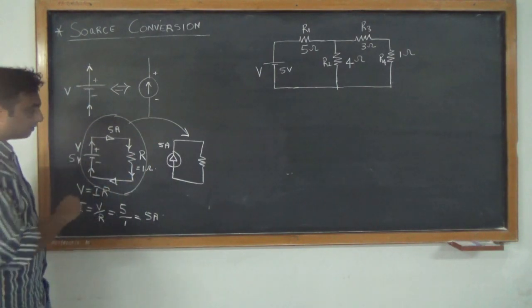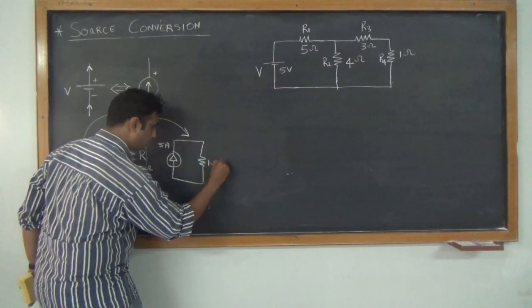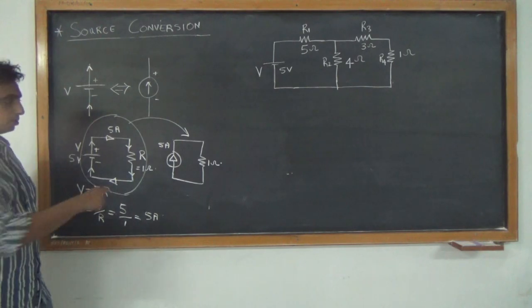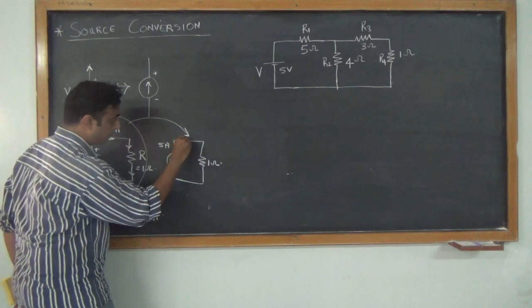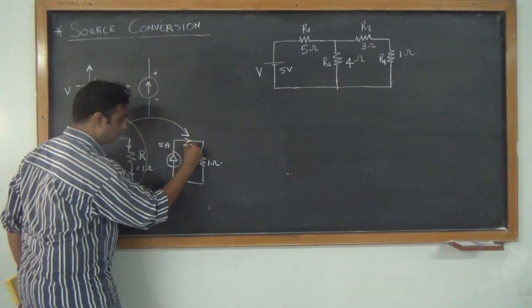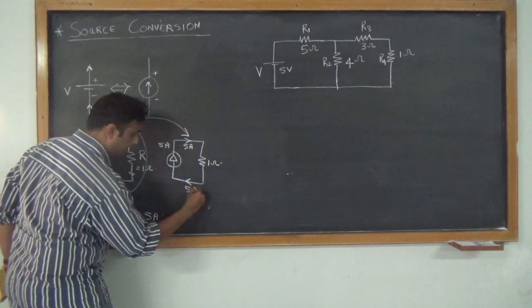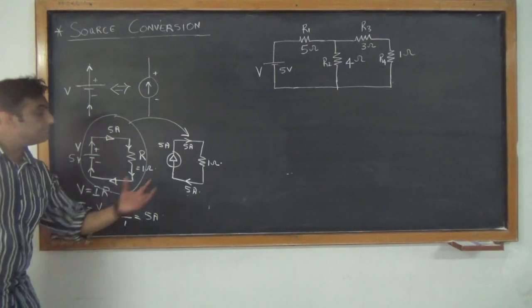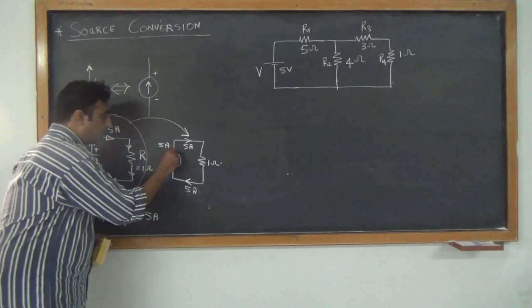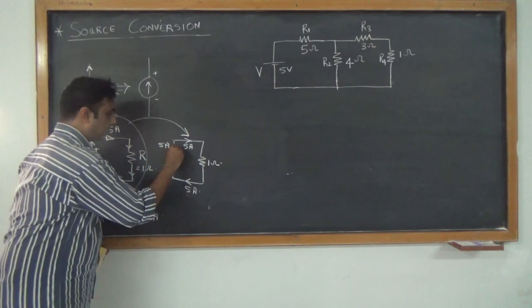What was the resistance value? 1. What's the current flowing in this resistor? 5 amps. What's the current going out from the resistor also? 5 amps.